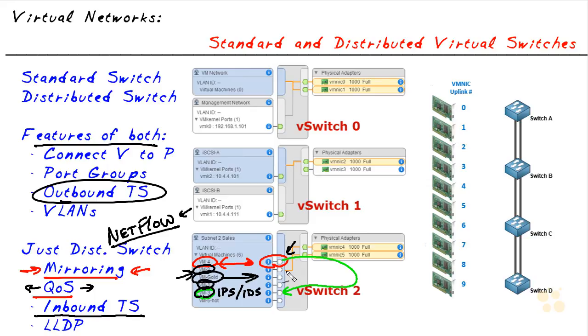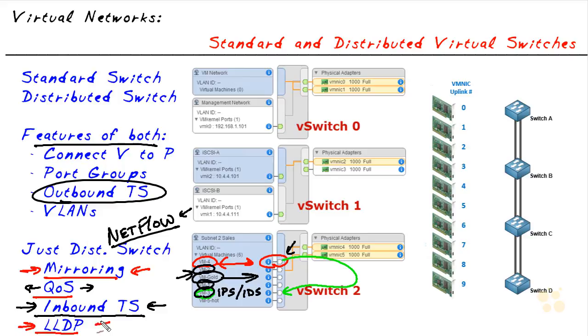Both the standard and distributed switch can do outbound traffic shaping as traffic is going out or leaving the virtual machine. However, the trick is that a distributed switch can also rate limit and traffic shape inbound traffic that's coming into a virtual machine. And that inbound traffic shaping, the slowing down of the traffic as it's going to the virtual machine, is a feature that is only found in the distributed switch, not the standard switch.